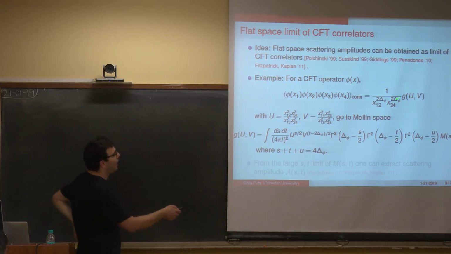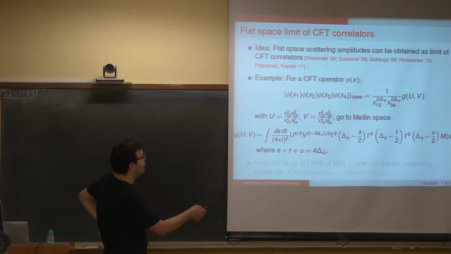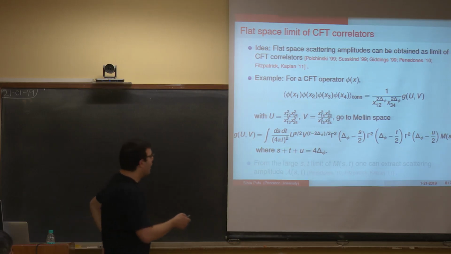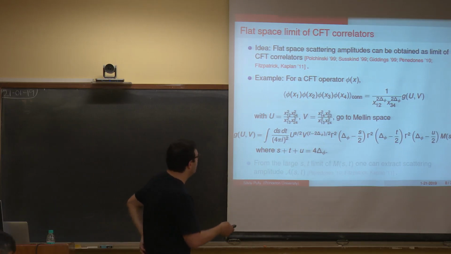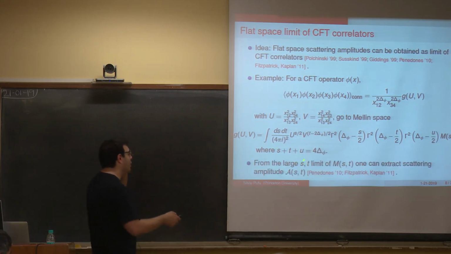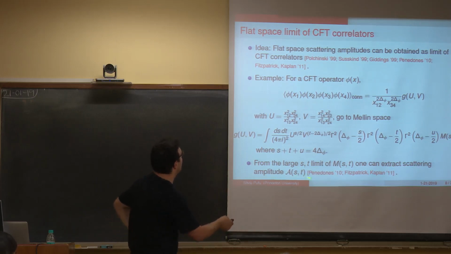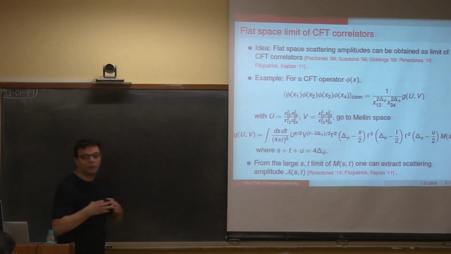So instead of having g as a function of u and v, we do a Mellin transform, and we get a function of s and t, which is this m over here. The relation between g and m is a little complicated, but it's a formula one can use. Then from the large s and t limit of this Mellin amplitude, one can extract the scattering amplitude in flat space.